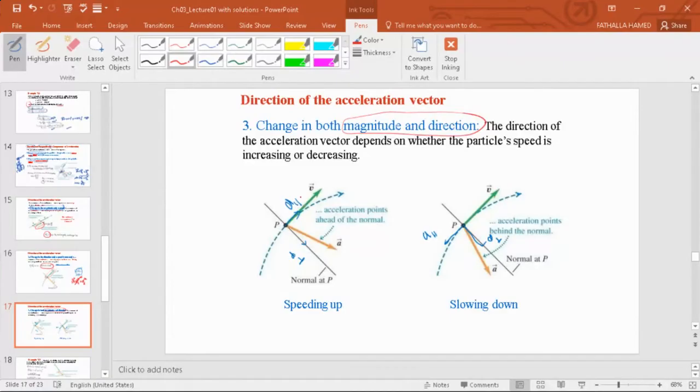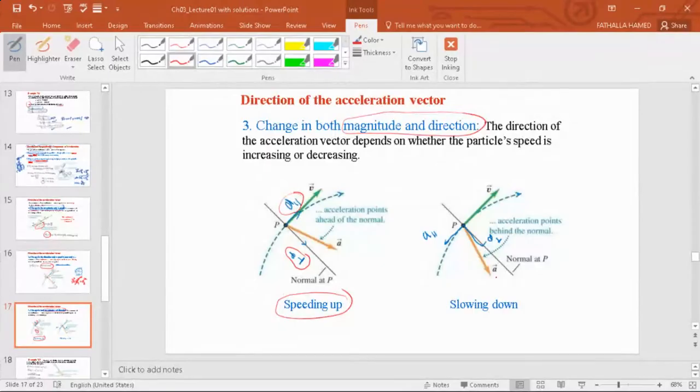And this acceleration vector will have a parallel or tangent component, and it will have a perpendicular component. Parallel is changing the speed or the magnitude of your vector. Perpendicular component is changing the direction of your vector. In this case here, the tangential or parallel component is along the velocity, and you are speeding up.